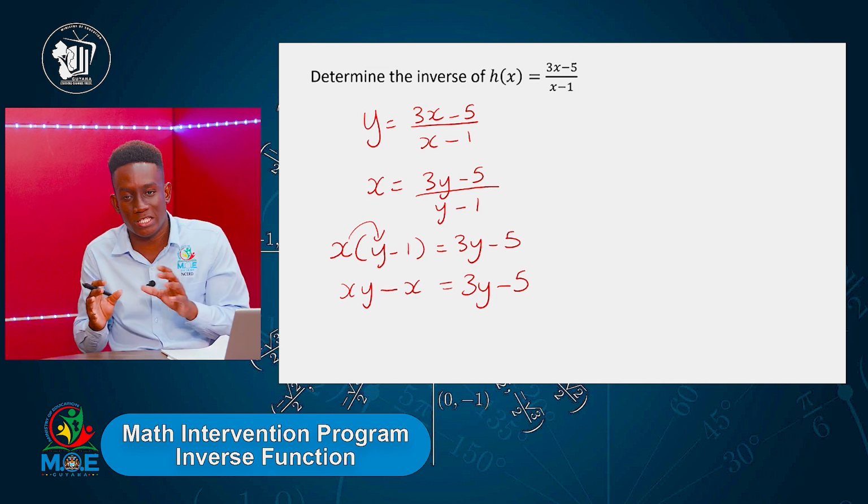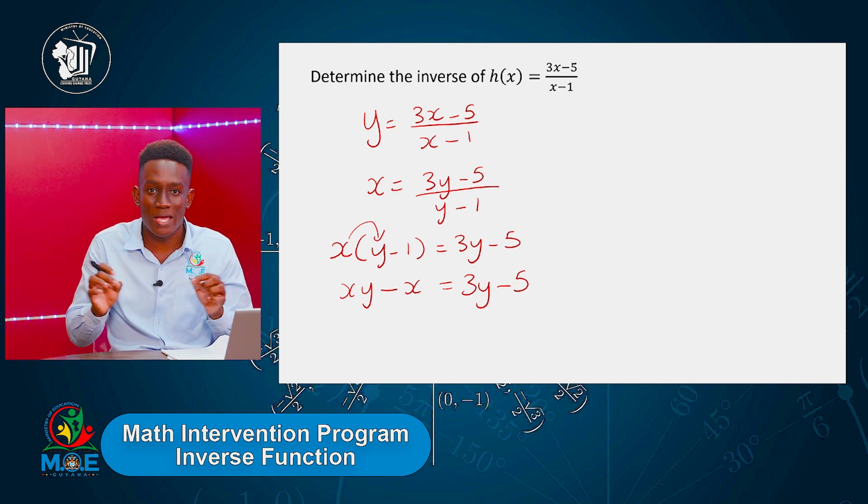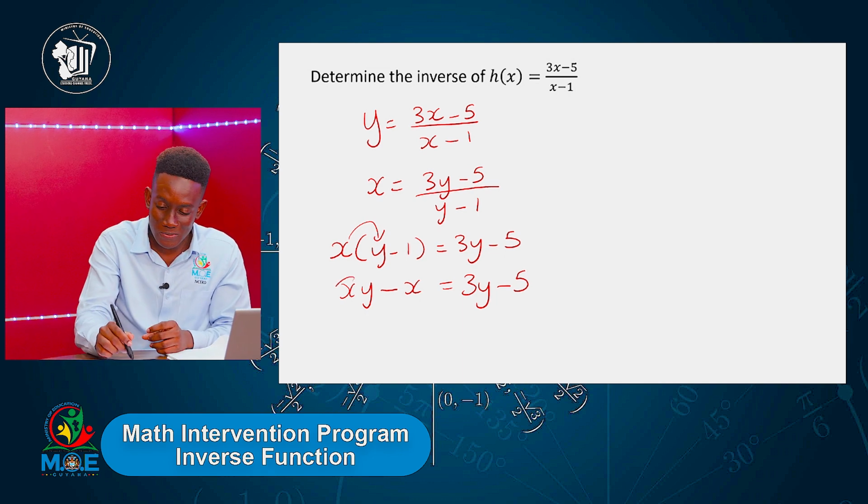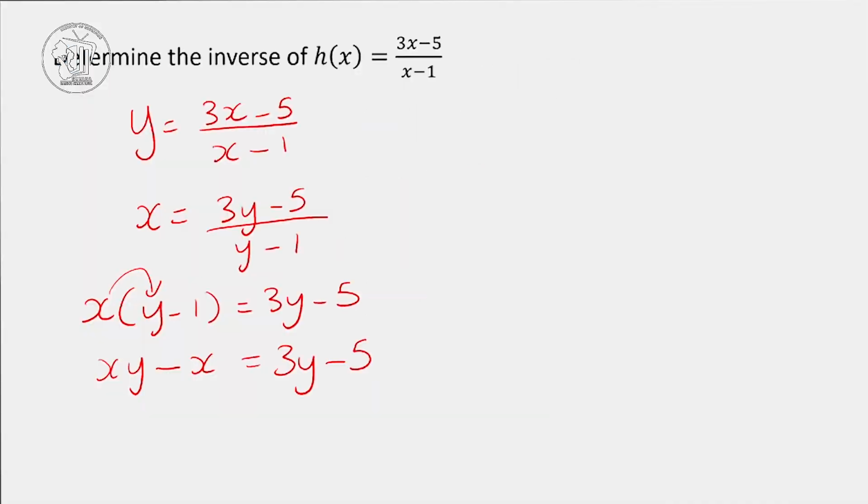Remember, the whole objective is to make y the subject. But in this case, we have a y here and we have a y here. We need to do something so that we are just left with one y. We cannot have 2y. So let's put those two terms with y together on the left hand side. We'll have xy, and we bring over this 3y.